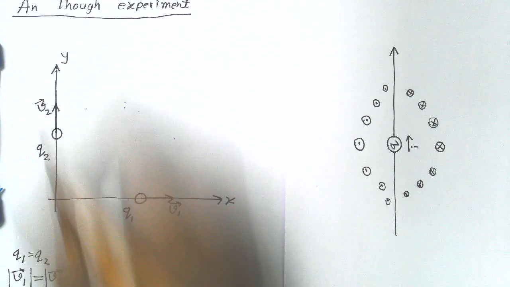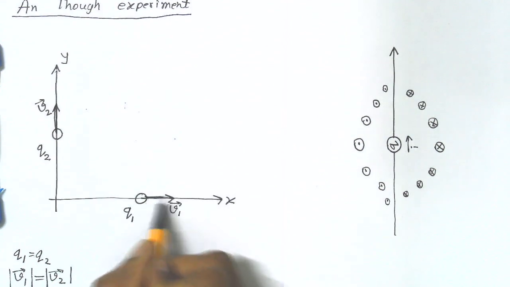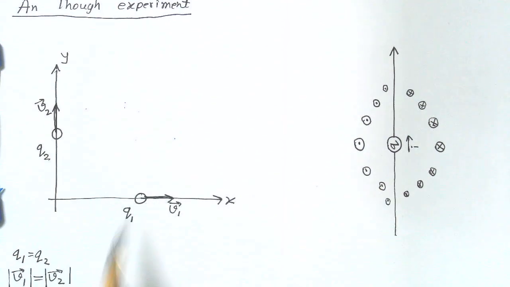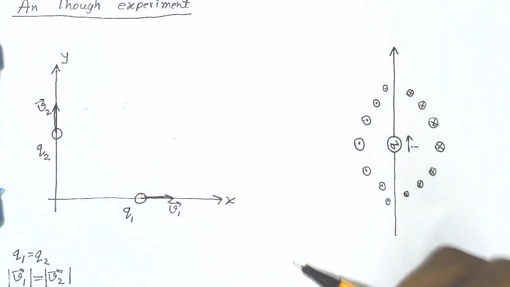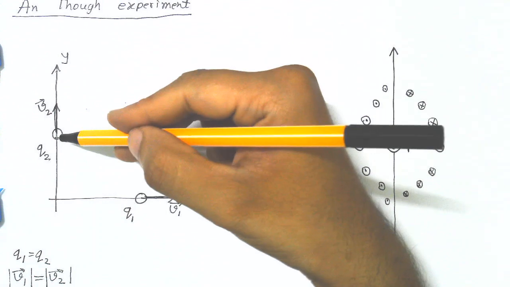Now, while this is moving and also this is moving, they will repel each other due to Coulombic repulsion, because both of them are charged and similarly charged.